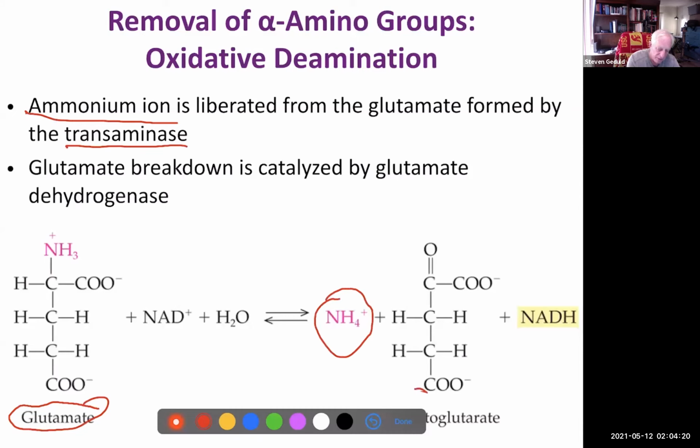Okay, and this is your alpha ketoglutarate again, and you're forming NADH, which is going to go along and form into ATP, producing energy. Now, when you're breaking down amino acids to form energy, you're getting free ammonia into the system. Ammonia is extremely toxic to the human body. You got to get rid of it. You got to get rid of it quick.